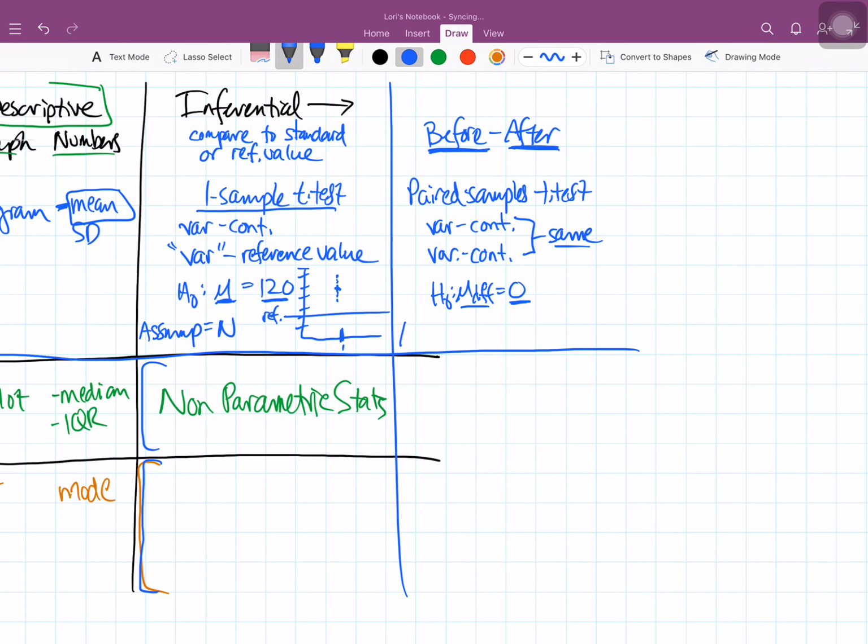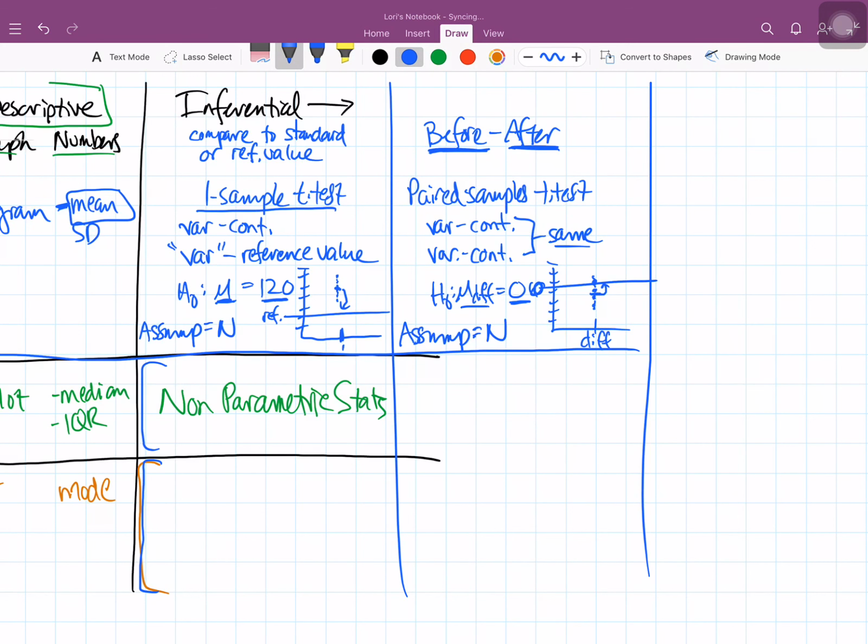Our assumptions again is normality, and if we were to draw that, again, this is our difference. Again, we have some kind of a continuum, and our group is going to fall kind of like a certain spread. Here's going to be a middle, and maybe this is 0 right here, this line. What we're testing is, are we statistically significantly far away from that line?